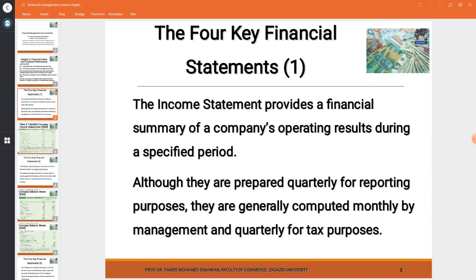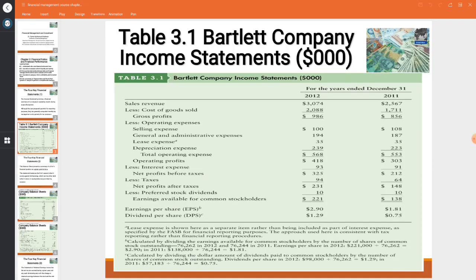Actually, the most common practice is to prepare this type of financial statement annually. If you look at the income statement, you will have a financial summary of a company's operating results during the specified period.